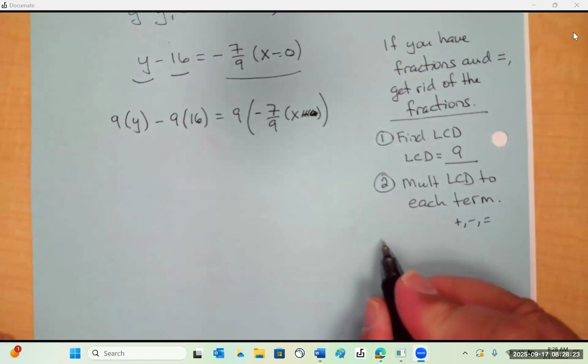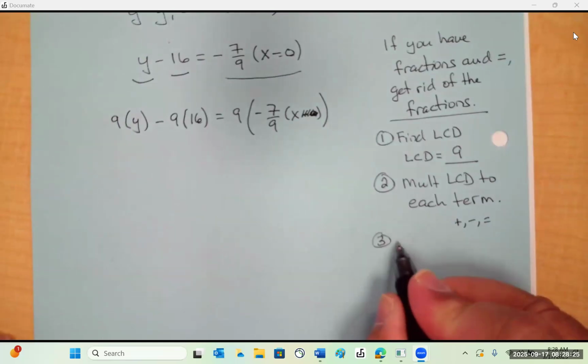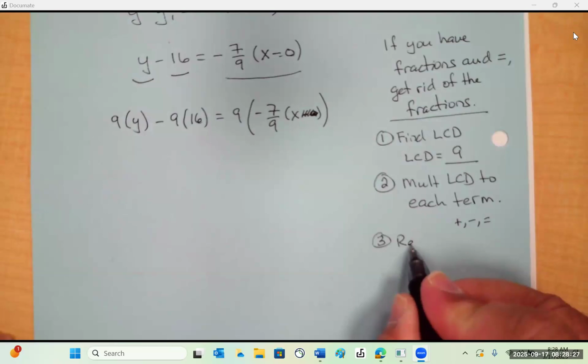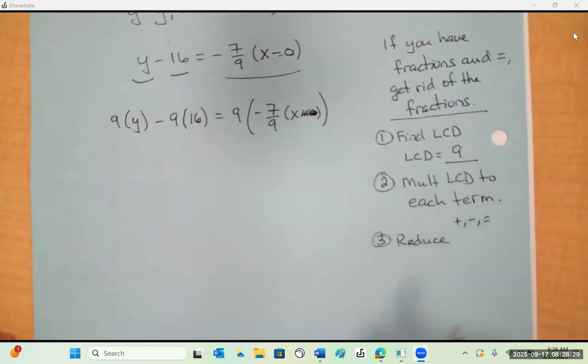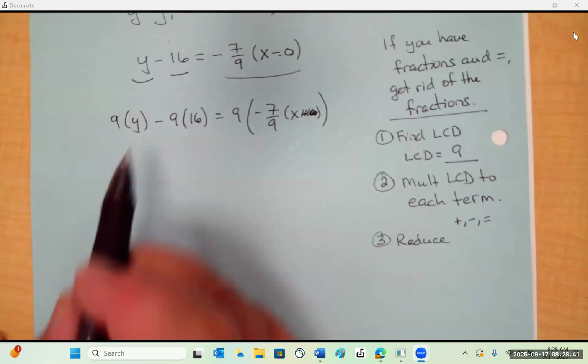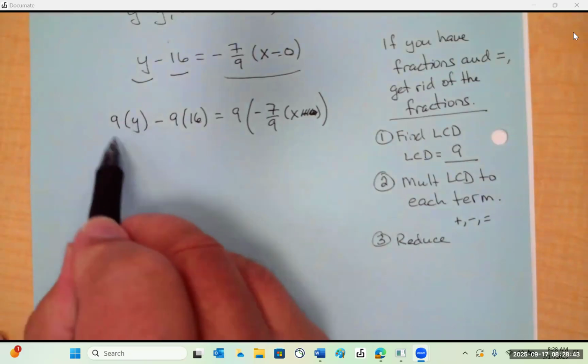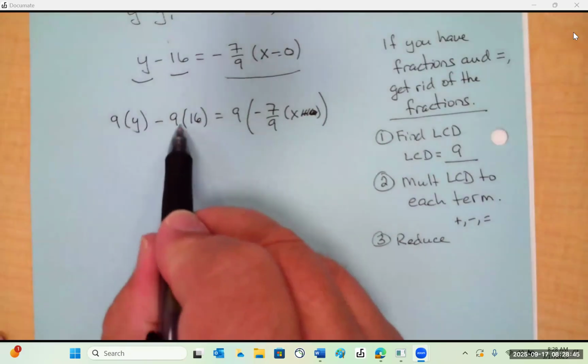All right, third step. The rule of fractions: whenever you multiply fractions, never multiply first. Always reduce first. Always reduce your fractions before you multiply them. So can anything reduce here in the first one? No. In the second?